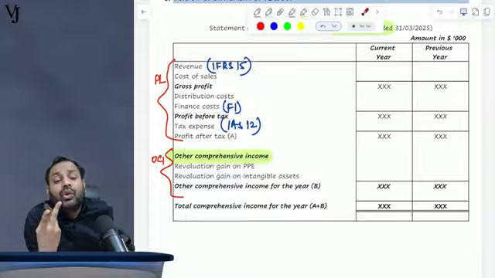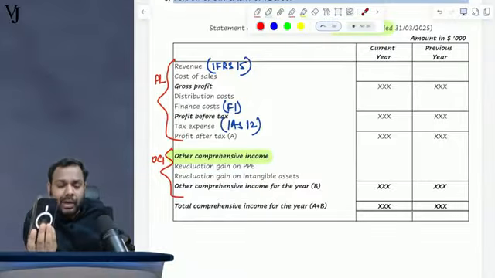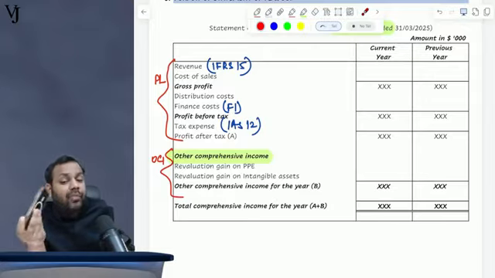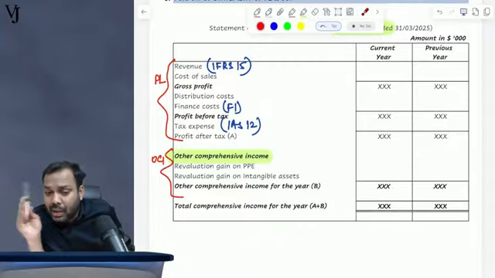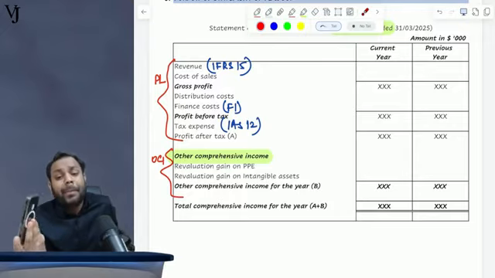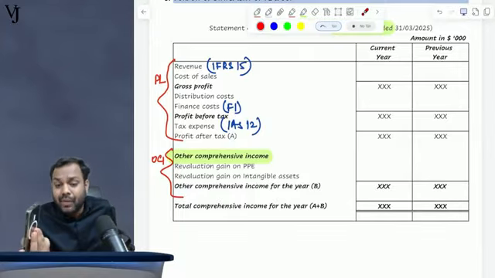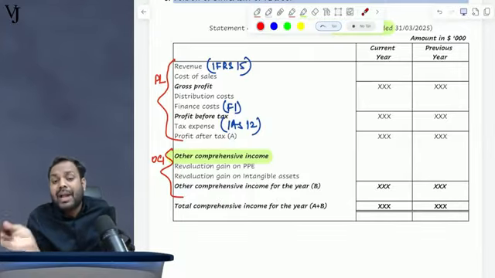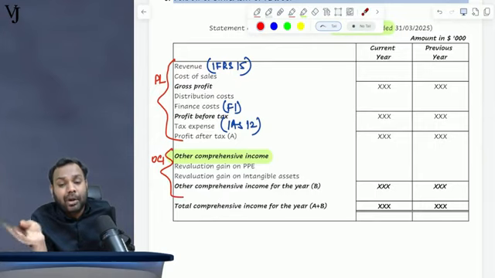What is the entry which I will pass for this? Mobile phone account debit to gain on mobile phone, right? Because I have not paid cash for this. It's a gain for me because the value of my asset is increasing.